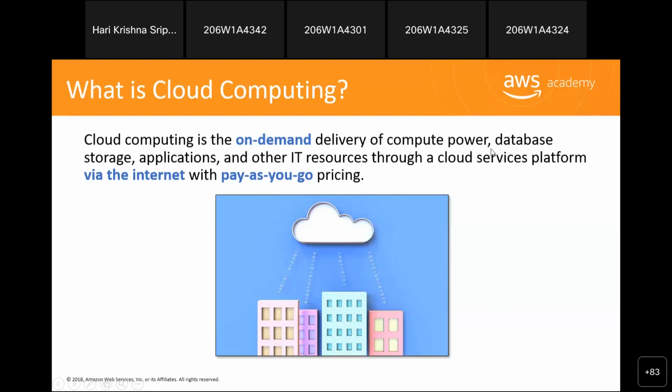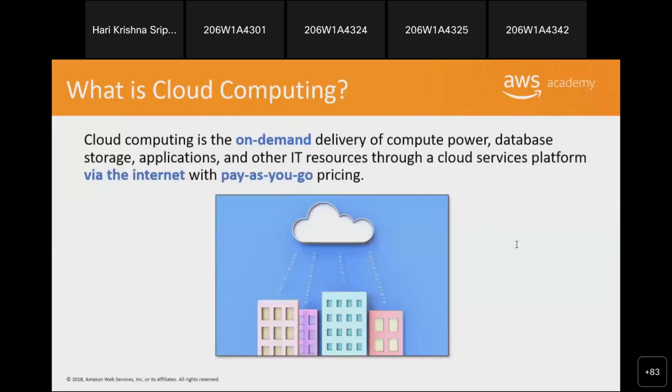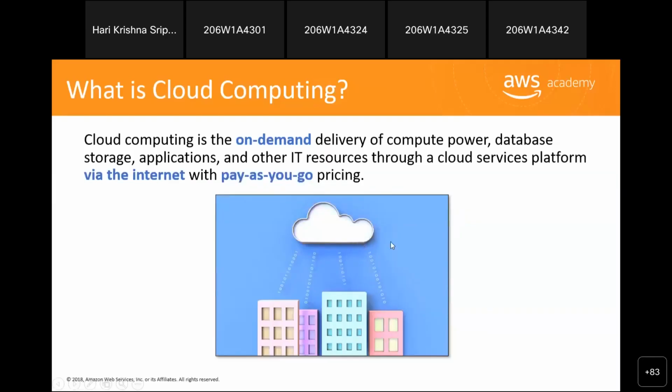So cloud computing doesn't mean that it will be working only within your local network. No, it happens throughout the internet.